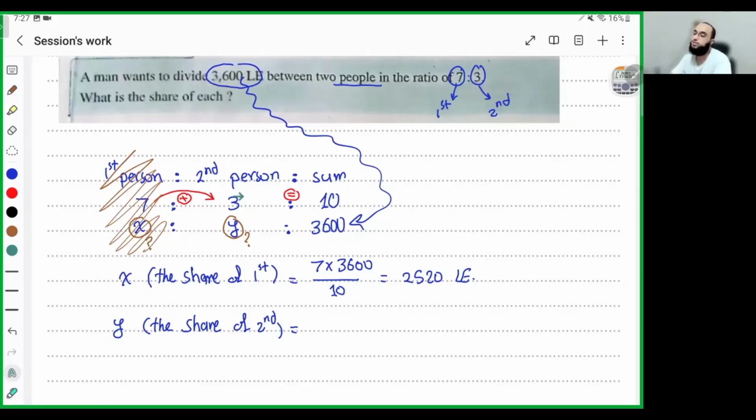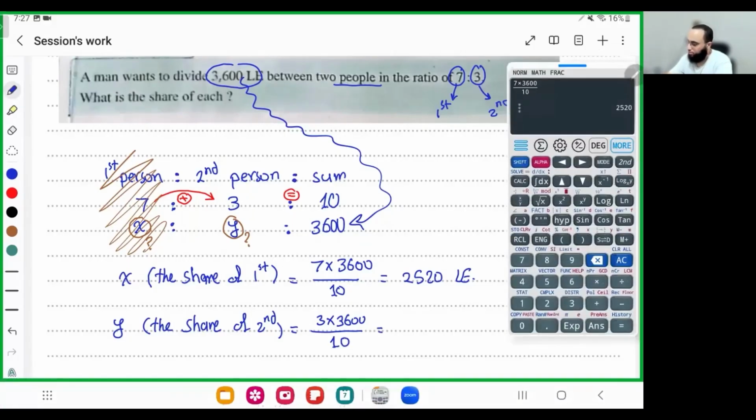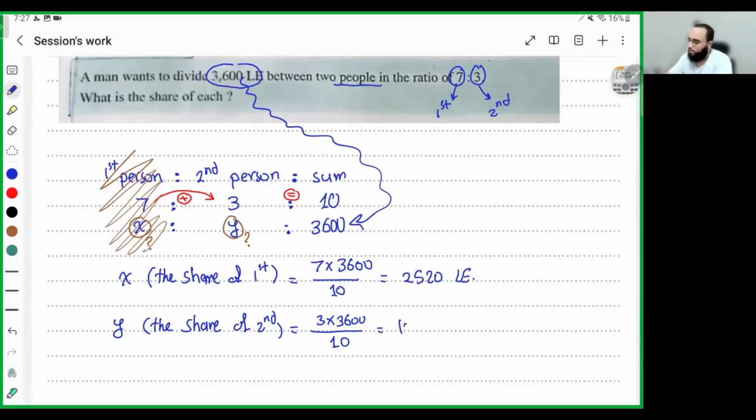It's 3 times what? 3,600 over what? Over 10. With the calculator, you can do it. 3 times 3600 over 10, which is 1080.